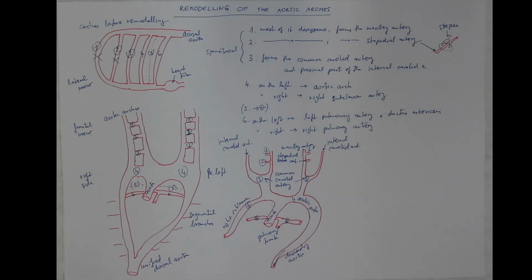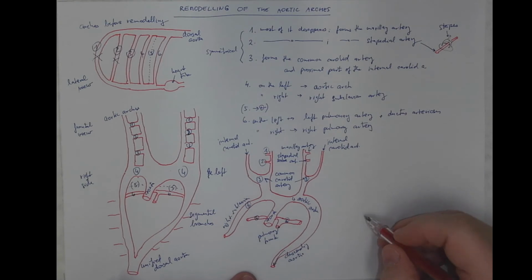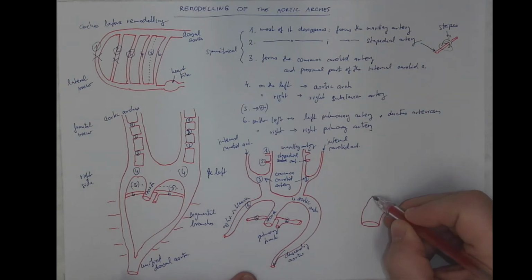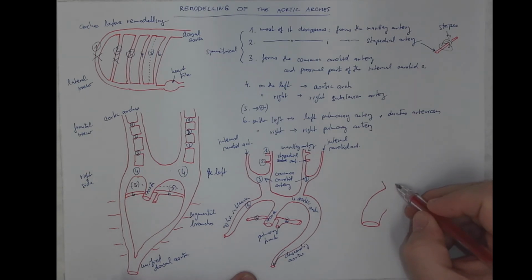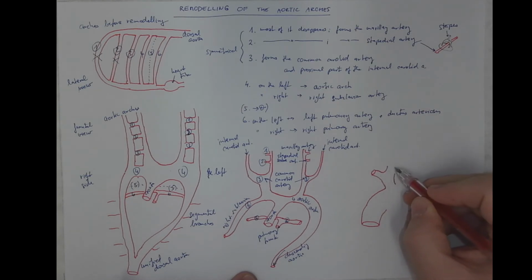And finally, after some more change of proportions and transformation, we got this ascending aorta, the aortic arch with the brachiocephalic trunk, the right brachiocephalic trunk, branching into the right subclavian and the right common carotid arteries.